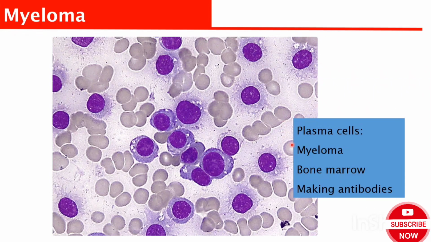So if you say myeloma, you are talking mainly about plasma cells, which are associated with myeloma. These plasma cells help in the making of antibodies. Remember that when we talk about the lymphocyte, you are referring to the adaptive immune system, where the antibodies and the memory cells are produced.